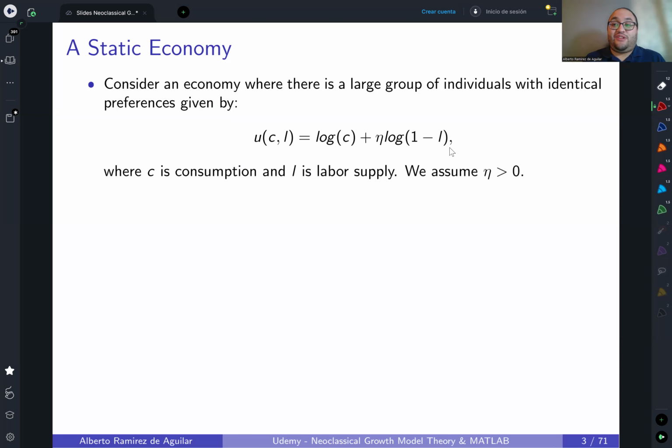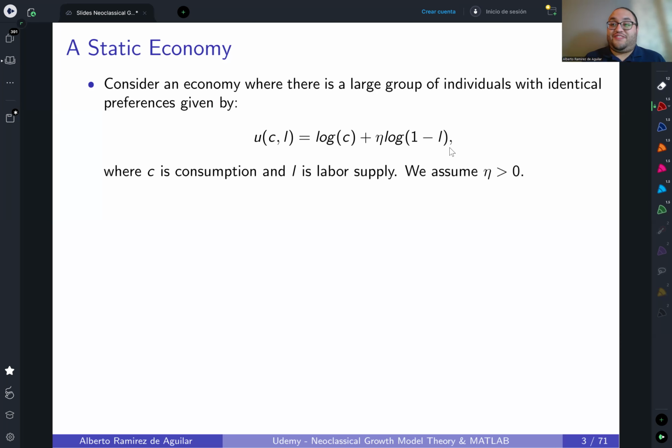Nevertheless, each individual in the economy has exactly the same preferences over consumption and leisure or labor. What do I mean by this? There could be a lot of people in the economy, but all of us have the same way of evaluating a bundle of consumption and labor.